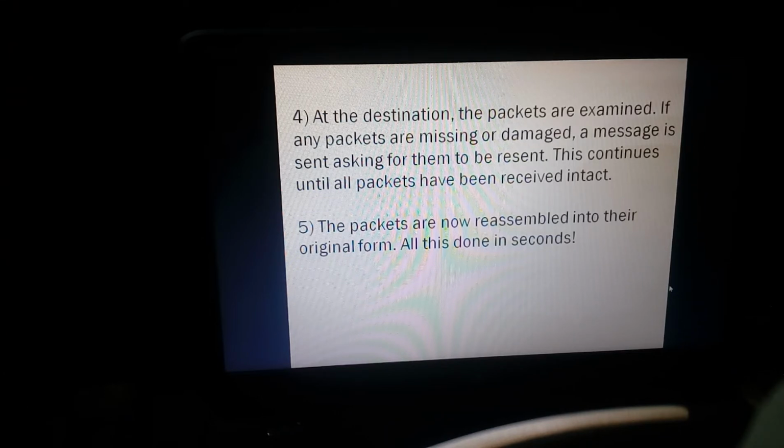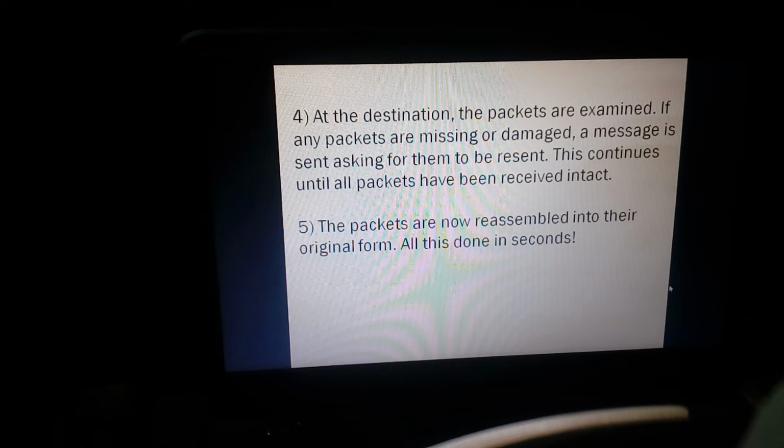So the receiver will send a message to the sender to request that sender to resend that particular packet to the receiver. This continues until all packets have been received intact. Means this process continues until all packets have been received by the receiver.